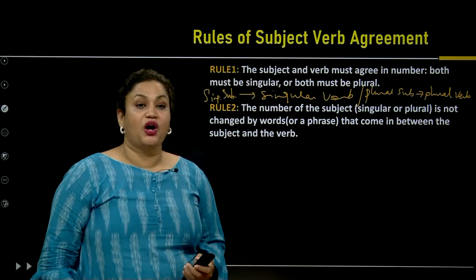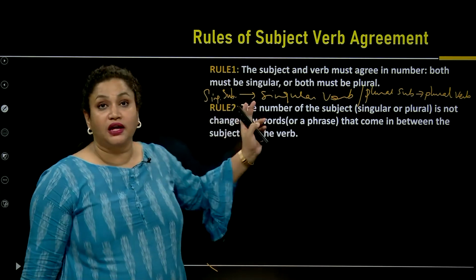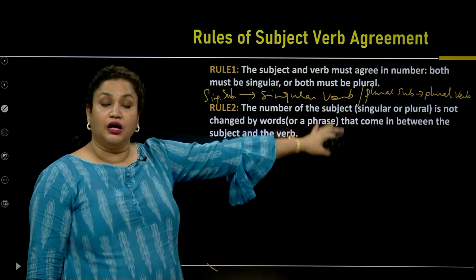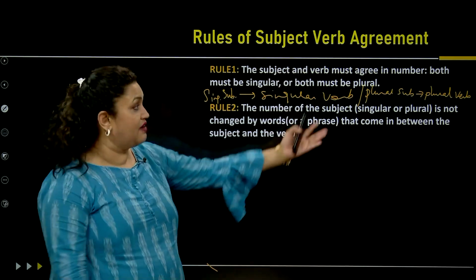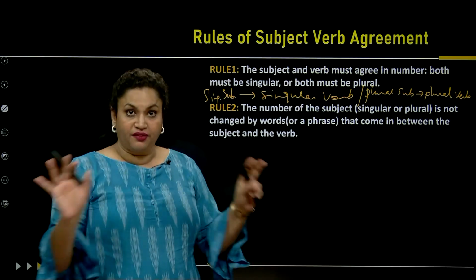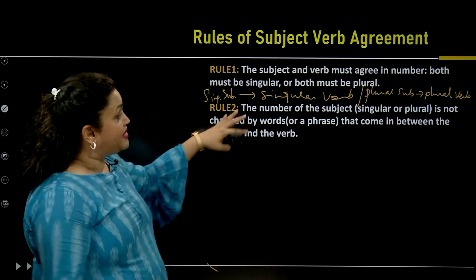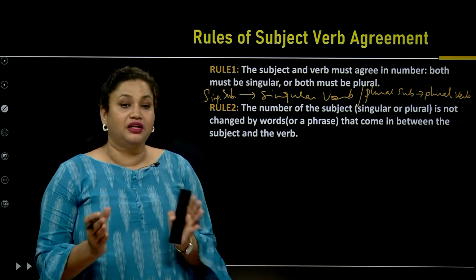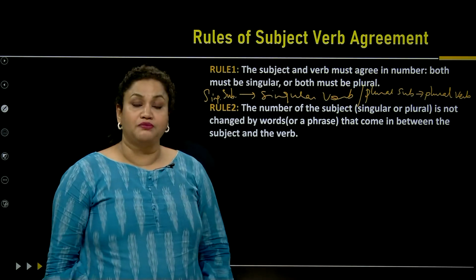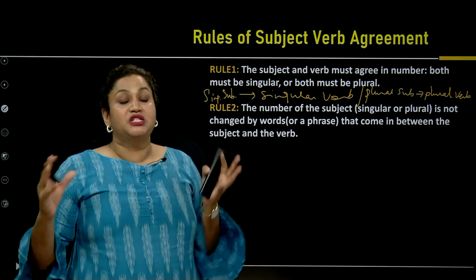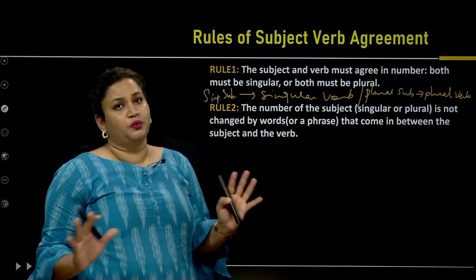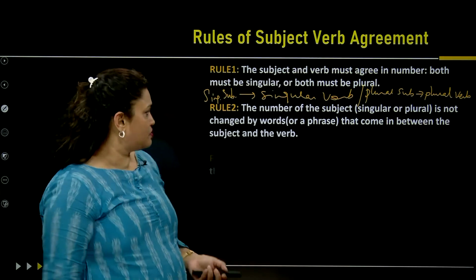Okay, so this is how it goes. If you have a singular noun, you will have a singular verb. If you have a plural subject or noun, you will have a plural verb. I think this is very, very clear. The subject is not changed by words that come in between the subject and the verb. So we have checked that also.